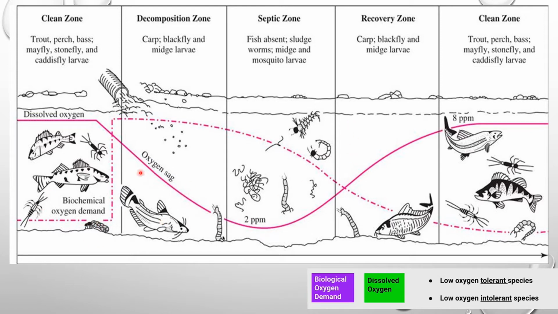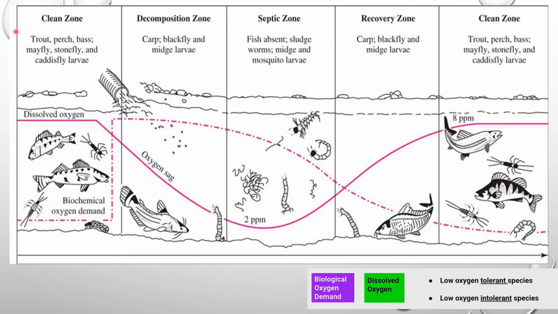And then, as we get further and further away from the source, we are also decreasing in these other problems. So now we have a recovery zone. Now in the recovery zone, our dissolved oxygen might be good, but we still don't have the organisms that have that range of tolerance of the clean zone until we get even further away from the source.